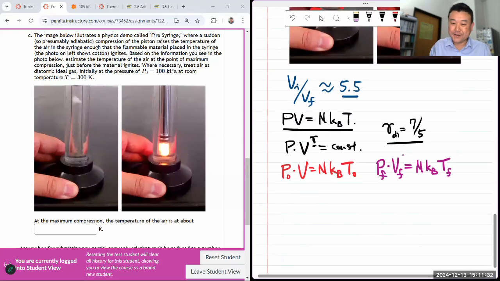But this is where the adiabatic expression comes in.